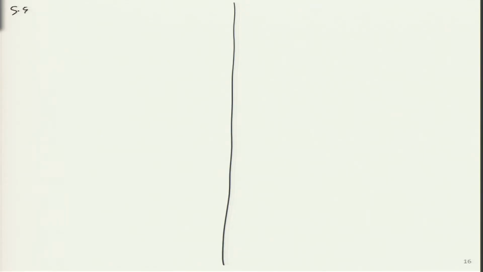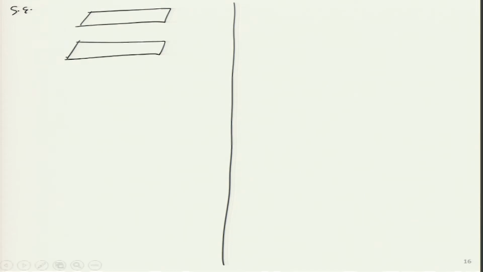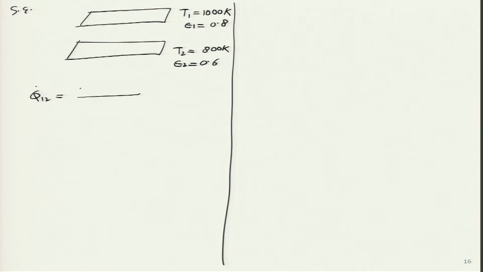Okay. So, let us say there are two plane plates over here, they are very large plates, and the temperatures are known to us. First one is 1000 Kelvin, emissivity 0.8, second is 800 Kelvin, emissivity 0.6, and I need to find out the value of Q dot 12. So, very quickly I can write over here, this one turns out to be simply this expression divided by the total resistance.